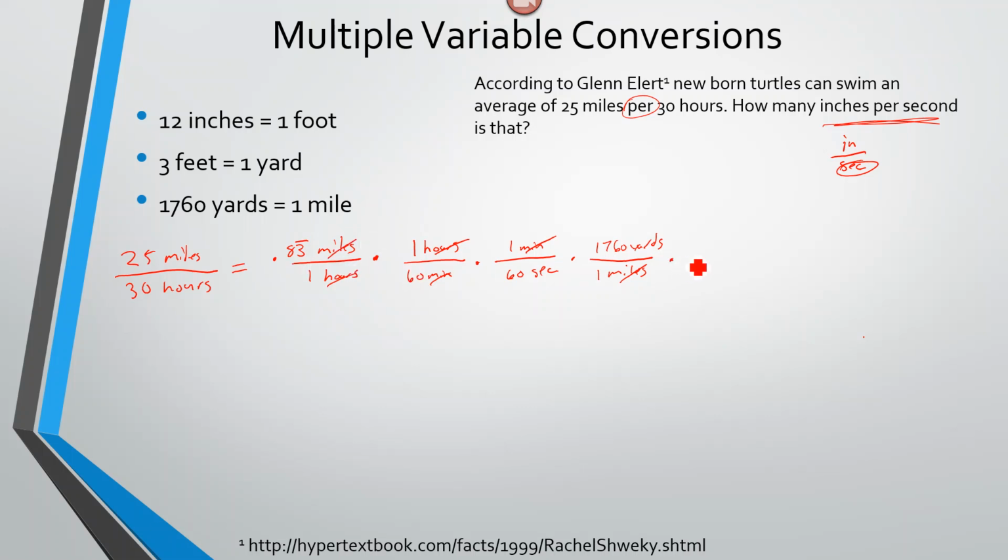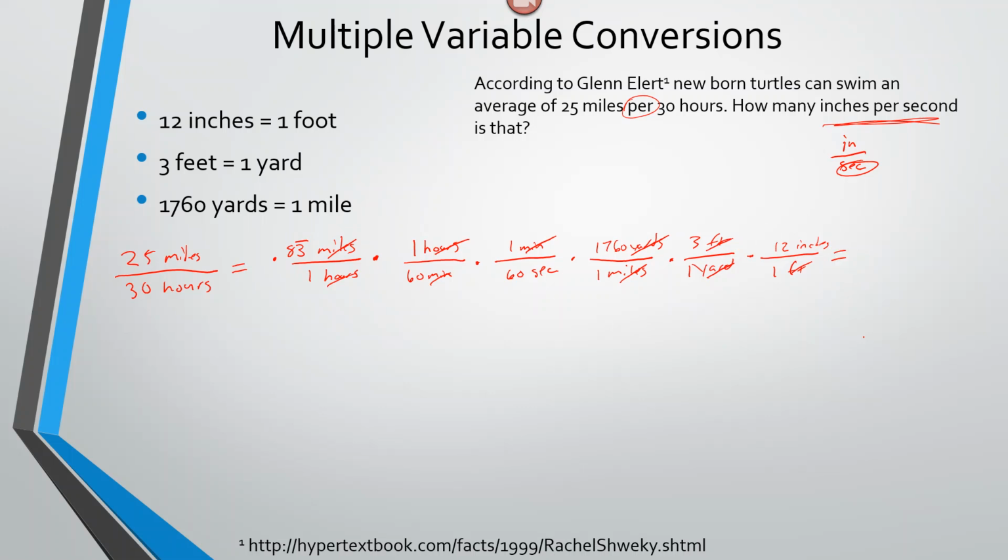And then of course we have yard in the denominator. 1 yard is 3 feet. And the yards cancel. And then our next and final conversion is 1 foot is 12 inches. And our feet cancel. We have our final units, inches per second.